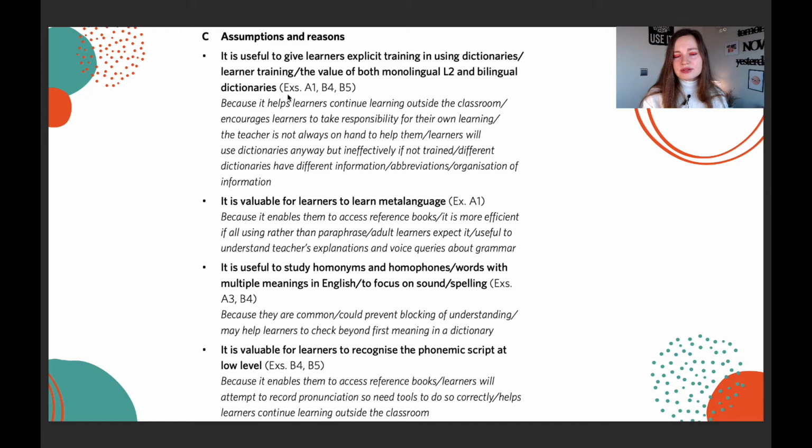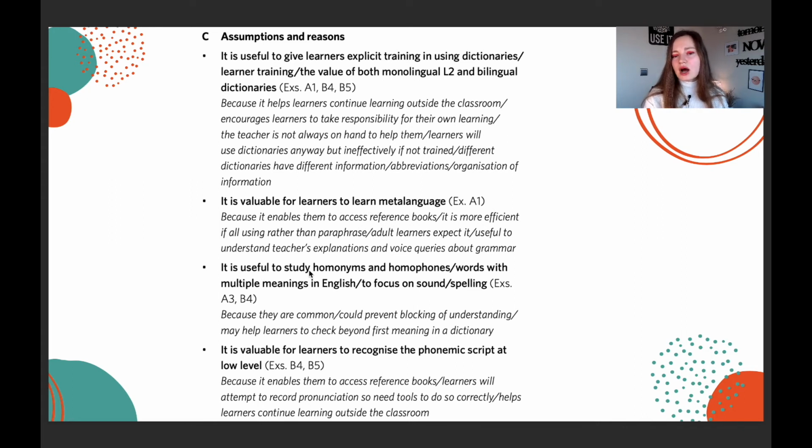If you have noticed, you have some reference to the activities, and here you have the reference to exercises A1, B4 and B5. It's possible that you will refer to more than one activity, and feel free to do so. As you can see, you have the beginning, which will be the assumption. So it is useful, it is valuable for the learners to learn meta-language.